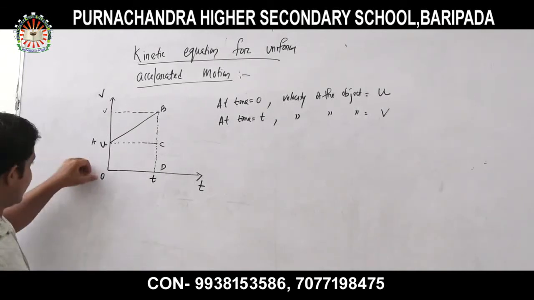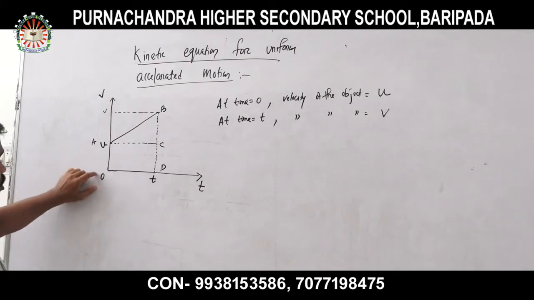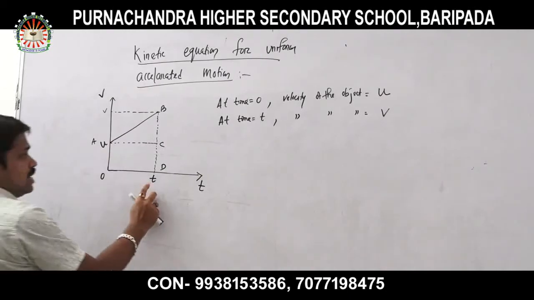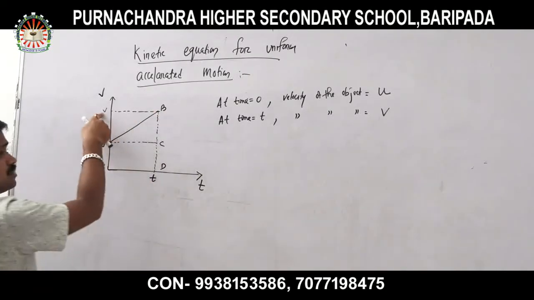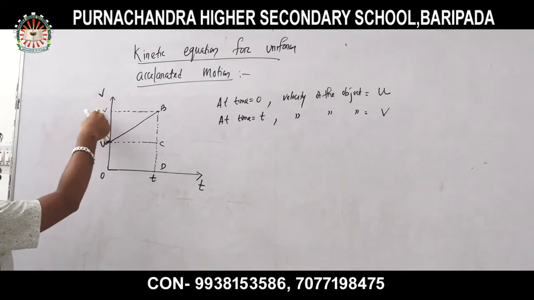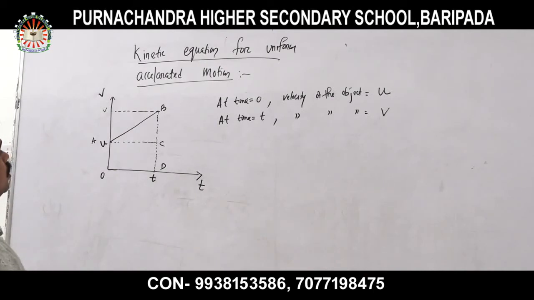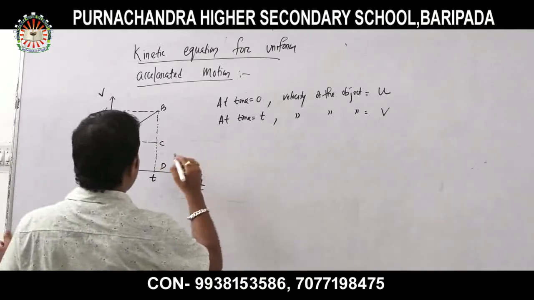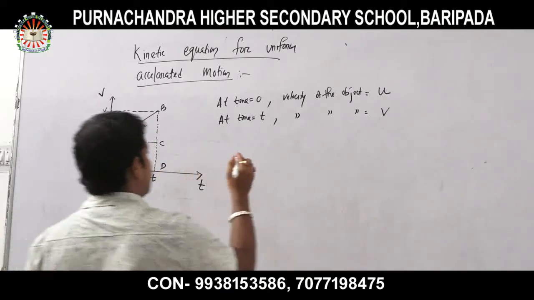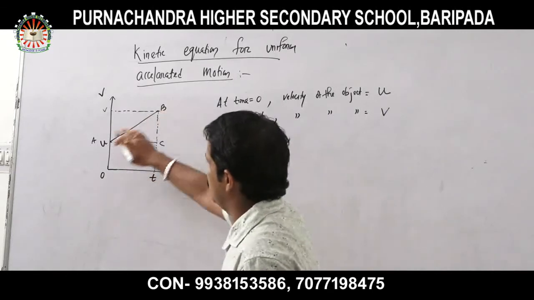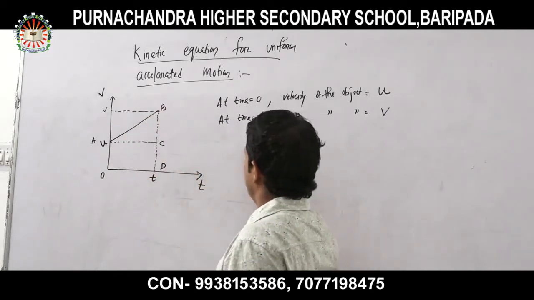Okay, so now at time t equal to 0, your velocity becomes u. At time t, the velocity becomes v. Understood all of you? So now I can easily find out, in this figure, the slope AB.